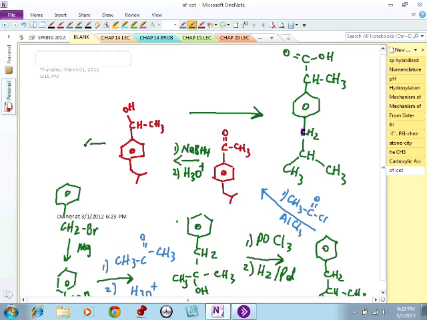So if you do PBr3 or thionyl chloride, that will give you this here.